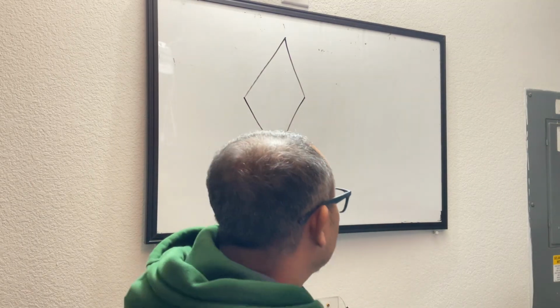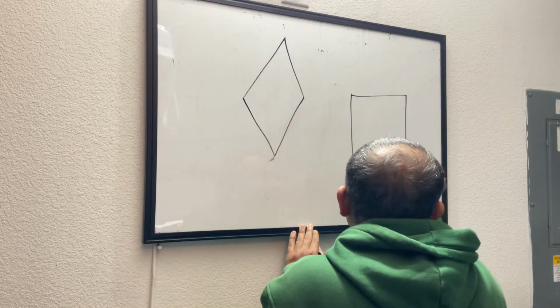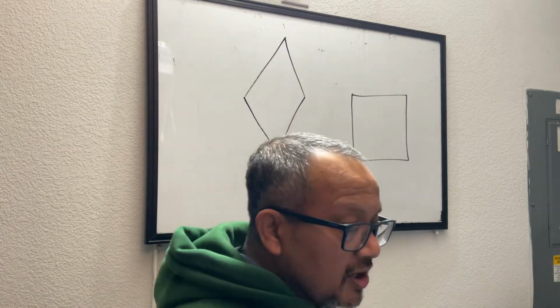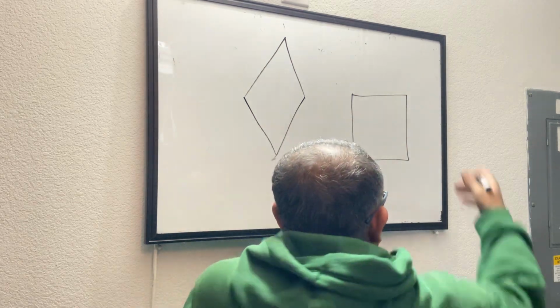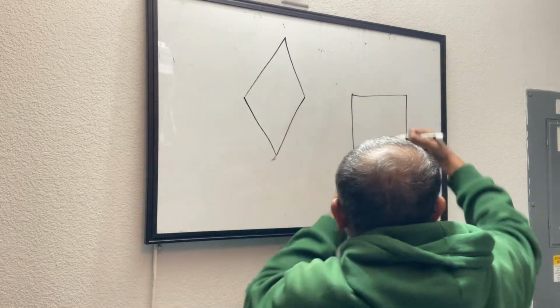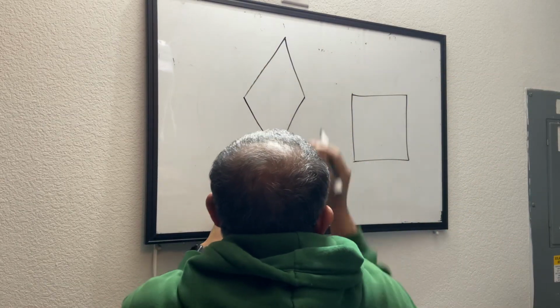Okay, let me put it this way. I have a square, all four sides same, all four angles 90 degrees. If I pick two corners and squeeze it, it becomes thinner and taller. What does that mean?